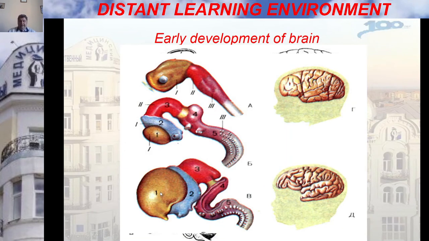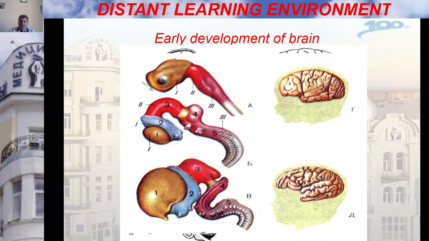The lateral walls of the diencephalon thicken to form the thalami. Besides, lateral evaginations of these walls form two optic vesicles. You may see optic vesicles here, from which ultimately develop the retina and the optic nerves.